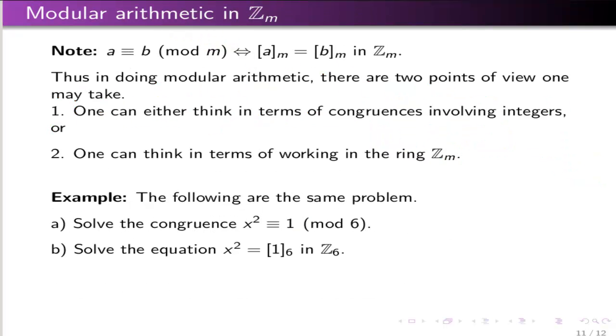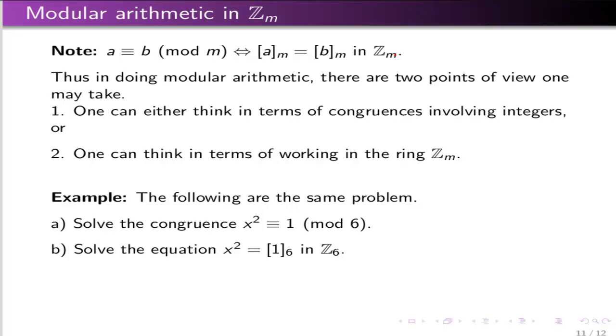Now there are two different ways to think about problems when you're doing modular arithmetic. It follows from this fact that a is congruent to b mod m if and only if the residue class of a is the same as the residue class of b in the ring Z_M. So there are 2 points of view.